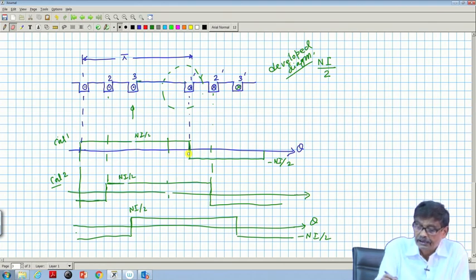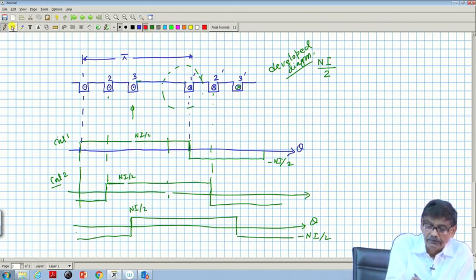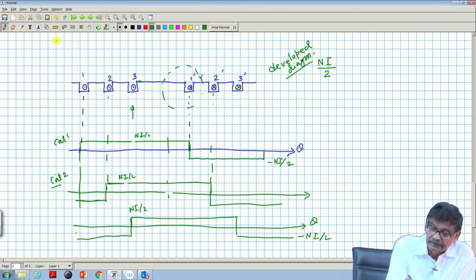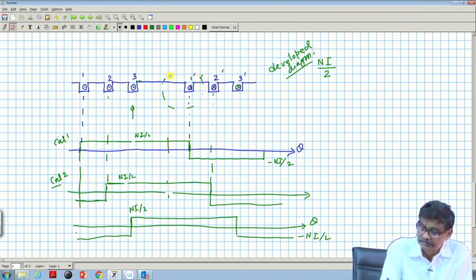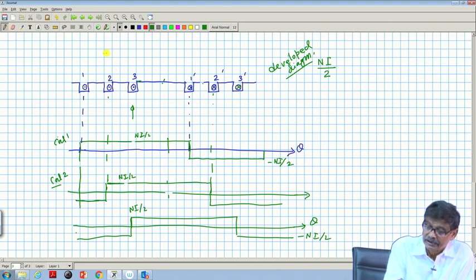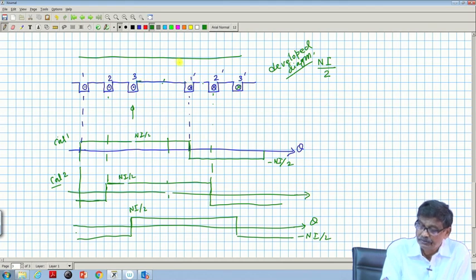Therefore, it looks like this if I draw it with a red curve, because space is not here, anyway I can draw it here, forget about this. So, the resultant field form with a red line if I sketch it, suppose you also remove this dotted line here. So, this is the axis. In this zone it will be 3 Ni by 2. So, the MMF distribution will be somewhat like this.